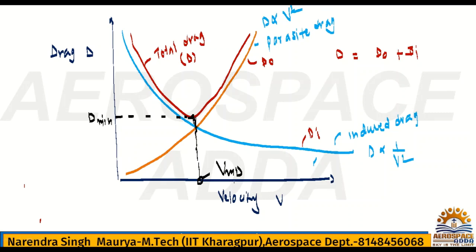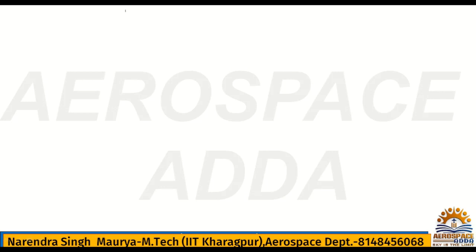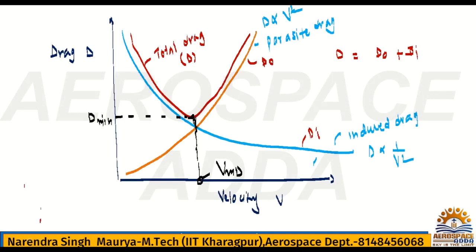Understood? So if you check where you achieve minimum drag, it is where the two plots, the parasite drag line and the induced drag line, cross each other. From the plot, you can say this is point O, where they cross each other.